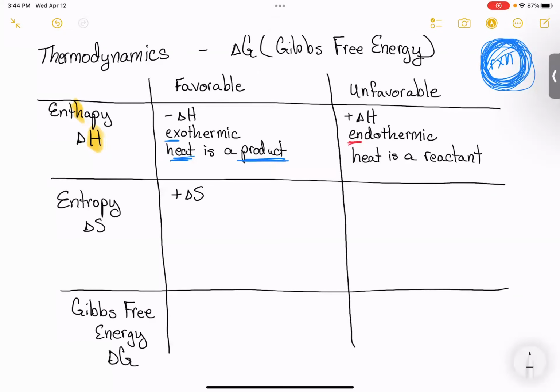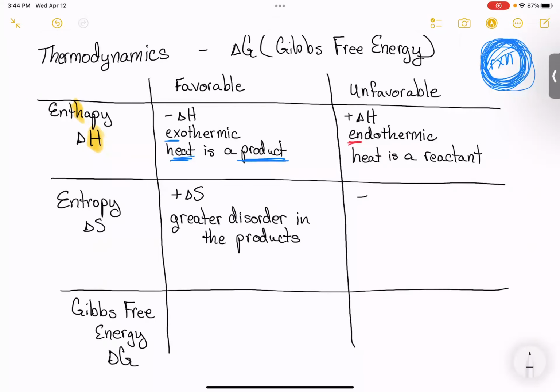A positive delta S means there's greater disorder in the products. The products have a greater disorder.